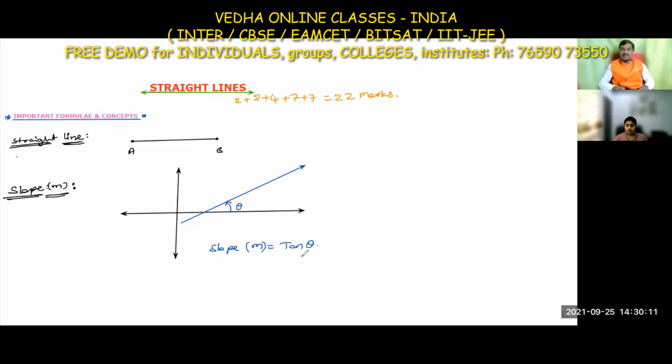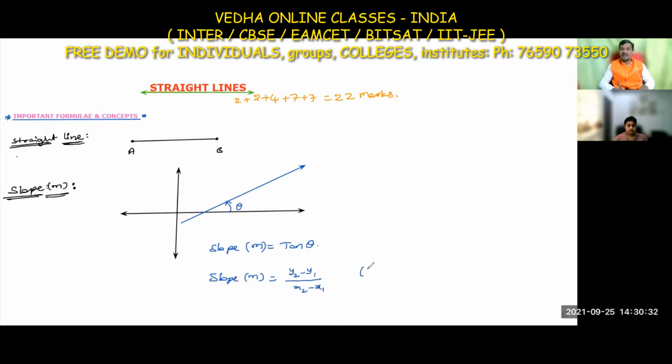As well as, we can find the slope by using 2 points. When we know the 2 points, we can use the formula: slope m is equal to y2 minus y1 divided by x2 minus x1.